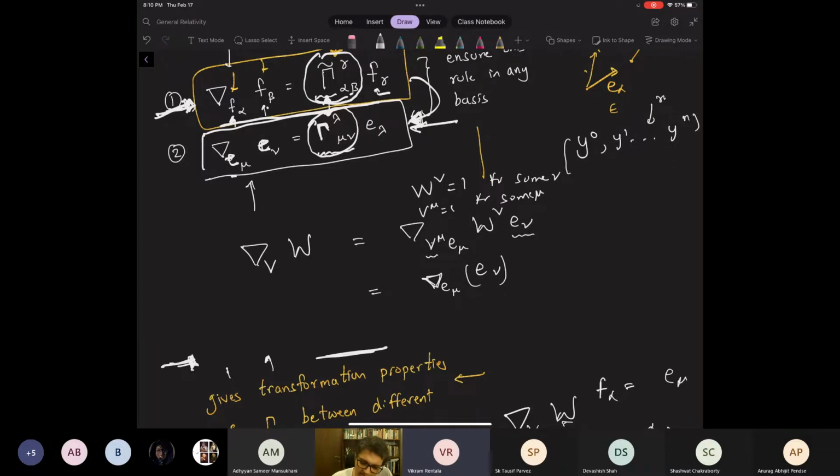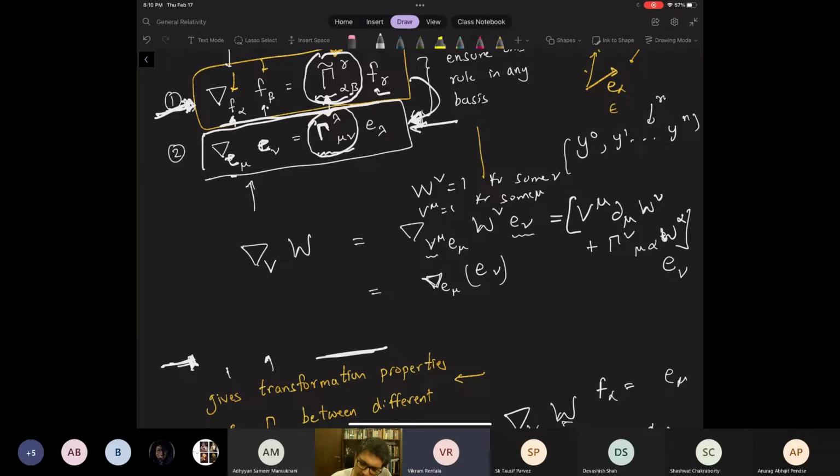And now, when we're taking this rule, we said that this is going to be equal to some V^μ ∂_μ W^ν plus Γ^ν_{μα} W^α e_ν.